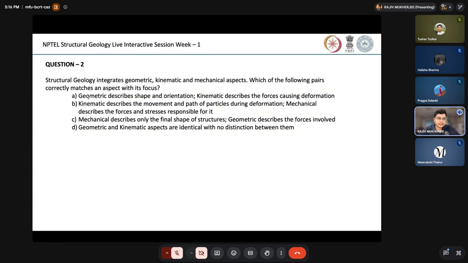Okay, Pragya says that option B is the correct answer, and let's see if any other answers come. Any other answer? Anyone?